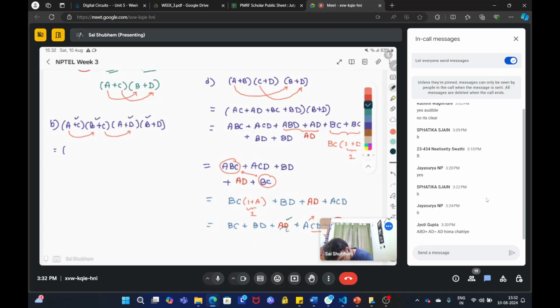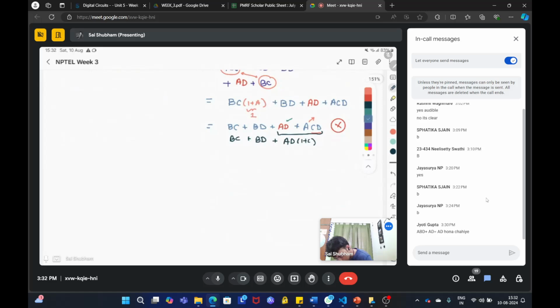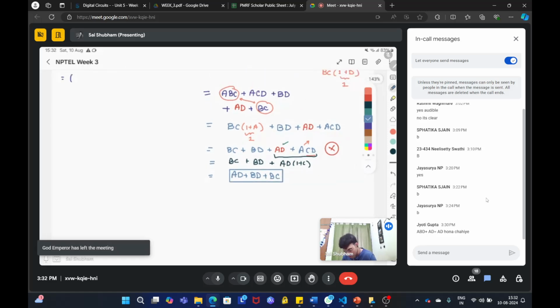We can club these two. Okay. So AD, if we take common, it will be AD into 1 plus C, BD plus BC. Okay. So it is AD plus BD plus BC. And our requirement was AB plus CD. Okay. Which is not equivalent. Fine.